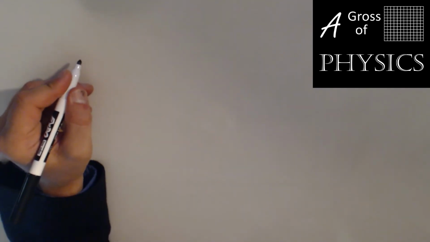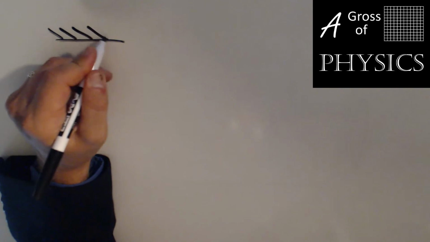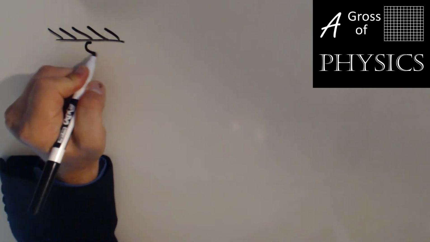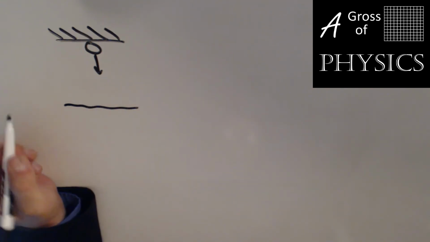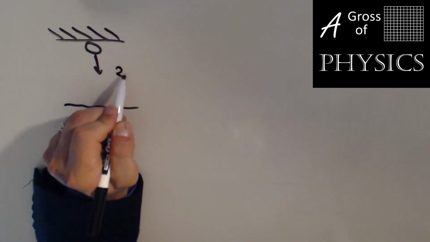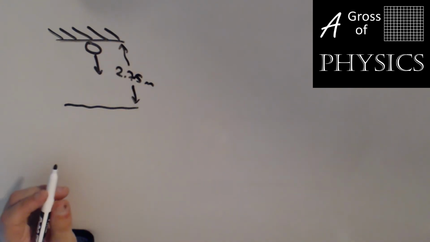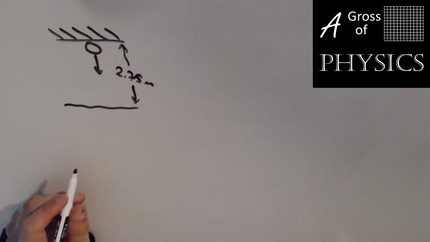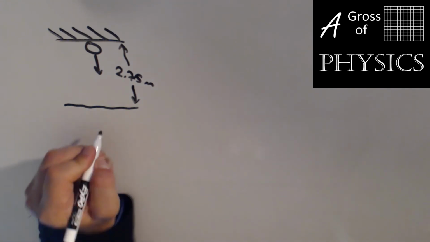For this one, we're going to solve for a marble being dropped from the classroom ceiling. So we're going to take a marble and we're going to drop it to the floor. Now the floor is 2.75 meters below the ceiling. So that will allow us to at least have one variable, the distance.